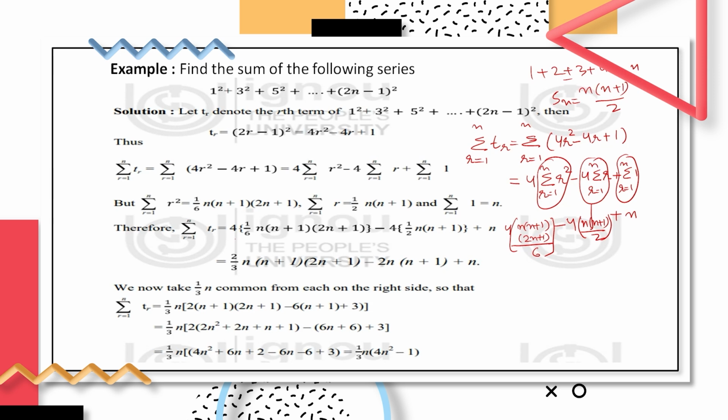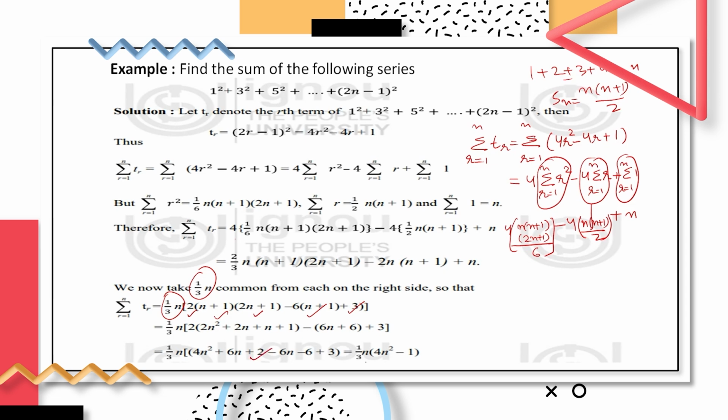If we take 1 by 3 of n as common outside, then inside we are remaining with 2 into n plus 1 into 2n plus 1 minus 6 into n plus 1 and 3 will be remaining over there. So, finally we solve it by opening the braces, multiplying each and every term and solving inside.